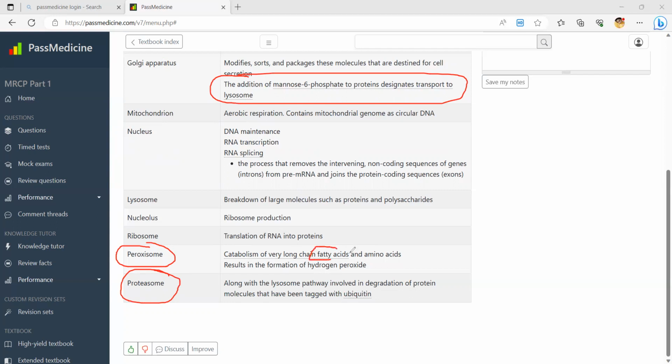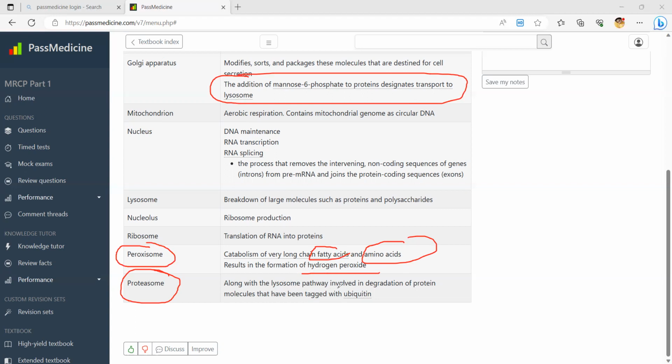Fat is lipid, amino acid is protein. This results in the formation of hydrogen peroxide. And proteasome, so it is protein, proteasome. Peroxisome, so peroxide.